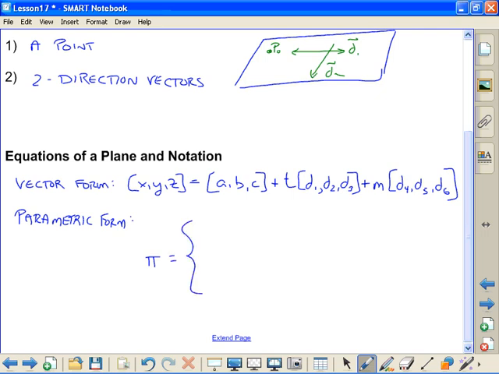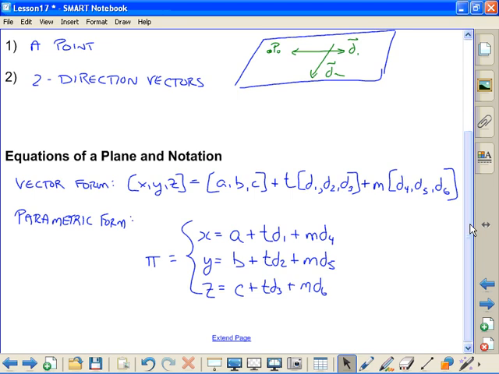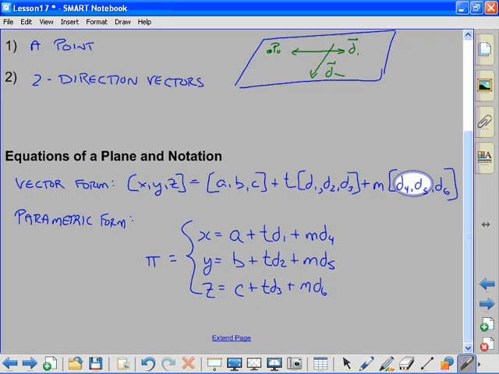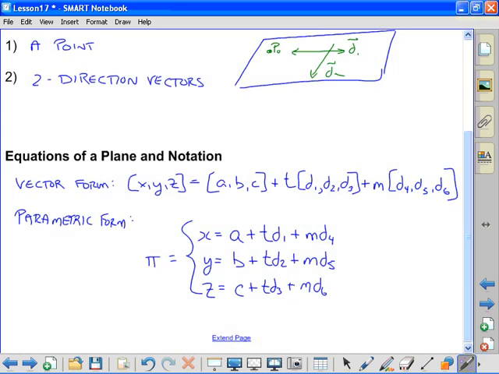And it's going to look like this. x equals a plus t d1 plus m d4, y equals b plus t d2 plus m d5, z equals c plus t d3 plus m d6. The only thing that looks different today from our line is the second direction vector. So there's an additional set of terms in our equation.